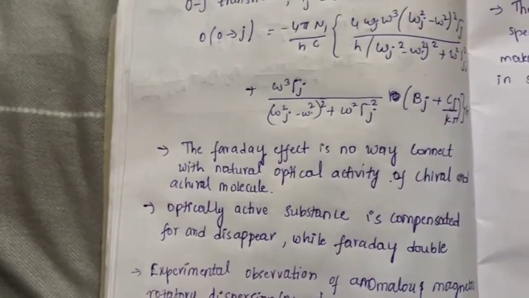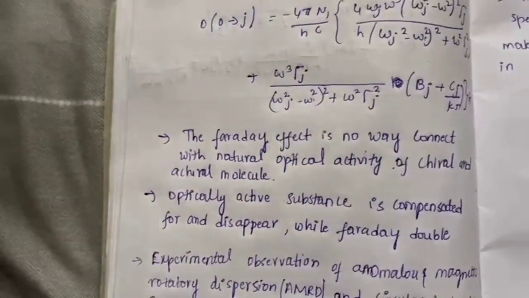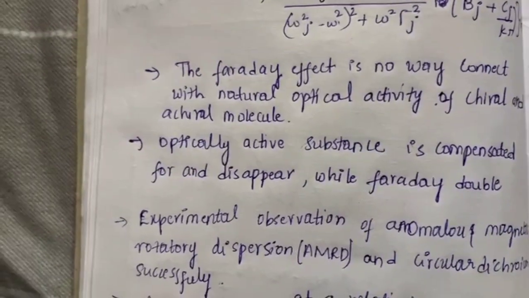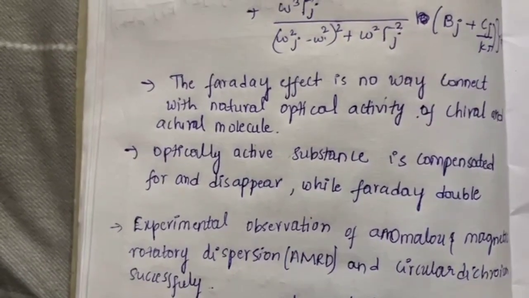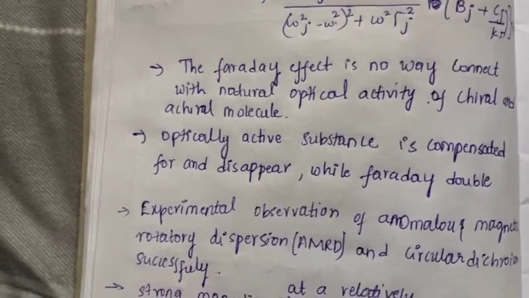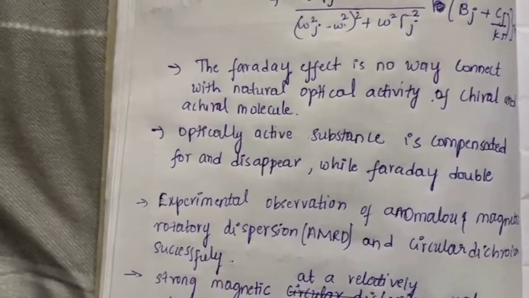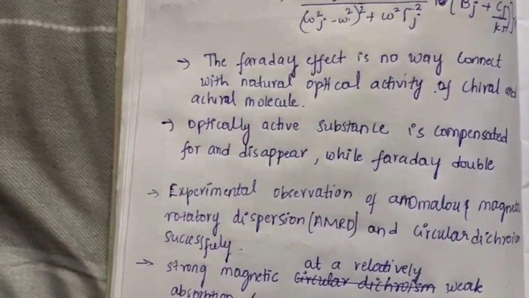The Faraday effect is in no way connected with the natural optical activity of chiral and achiral molecules. Optically active substance is constant and disappears, while Faraday doubles. Experimental absorption of anomalous magnetic rotations and circular dichroism is successful.